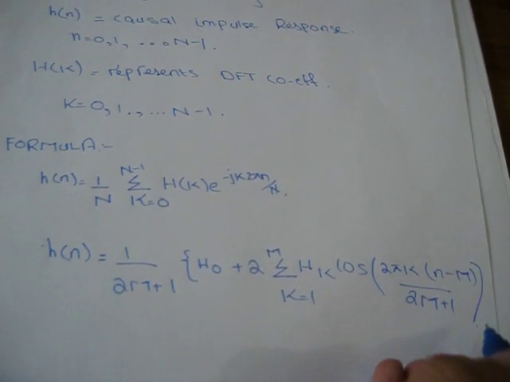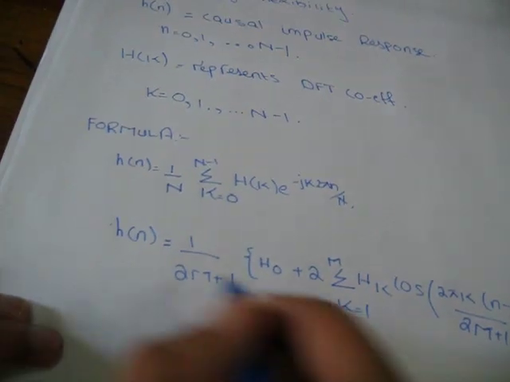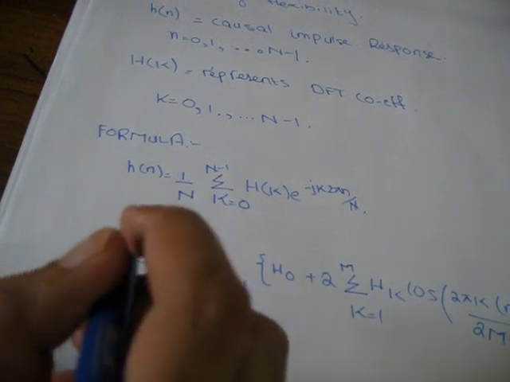Now this is the simplified form to calculate causal impulse response h of small n.